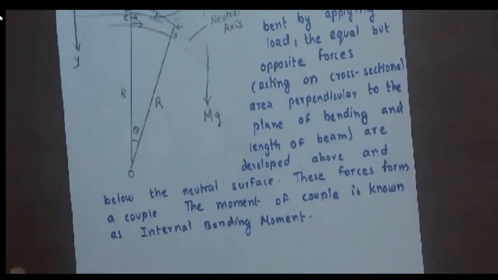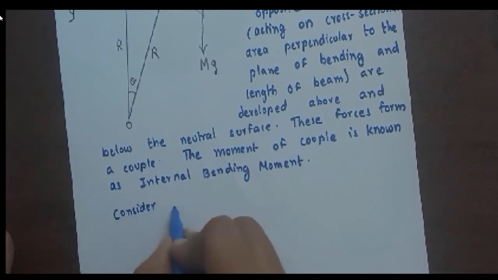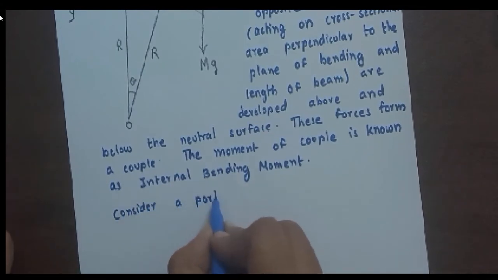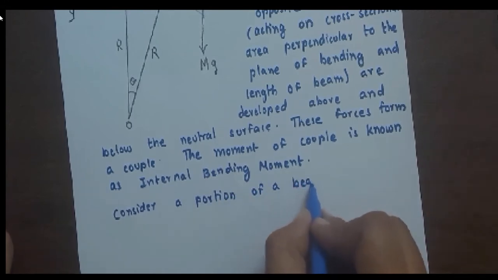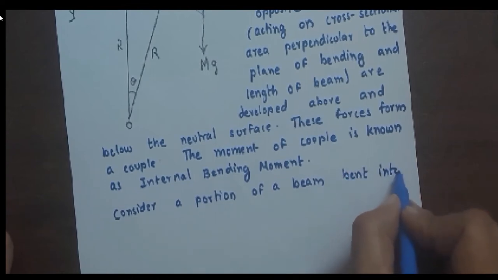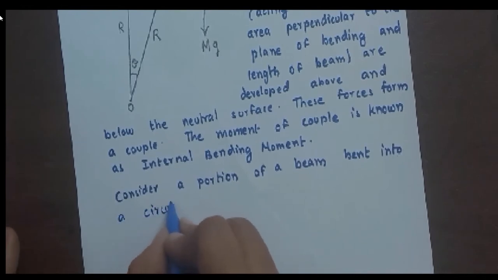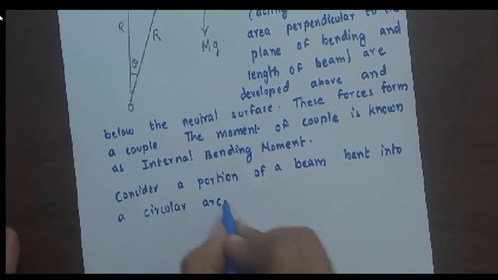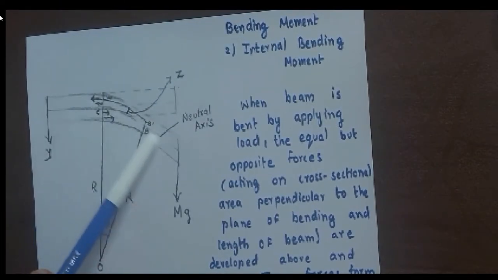Again we will write: consider a portion of a beam bent into a circular arc. So here this beam is bent into a circular arc.